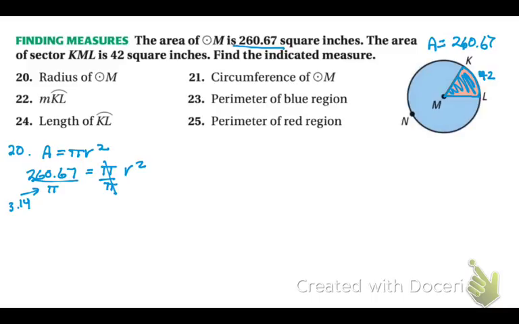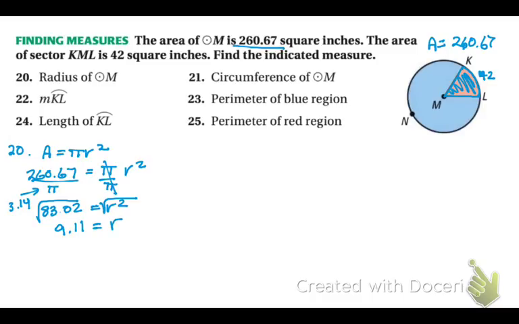We are going to get 83.02 is equal to r squared. How do we get rid of the squared? We take the square root of both sides. The square root of 83.02 is 9.11, more or less, and the square root of r squared is r.